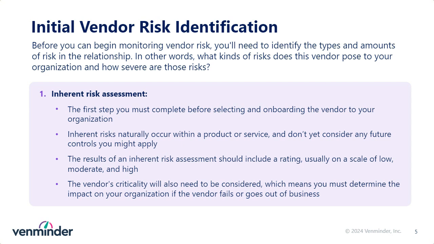Or could you easily replace this vendor within that 48-hour window or bring what they do in-house? If you are that dependent on the vendor that you can't move forward with the service you're providing without this vendor, then they are a critical vendor to your organization. And as a quick reminder, you should know both of these, an inherent risk rating and the criticality of a vendor, before you begin working with that vendor.